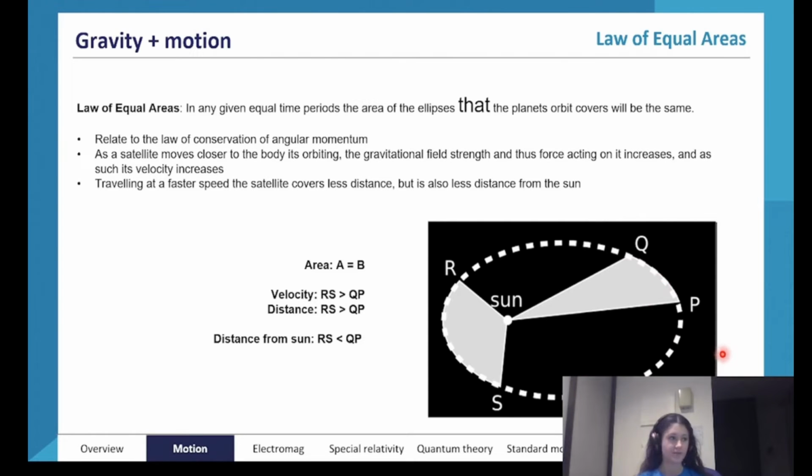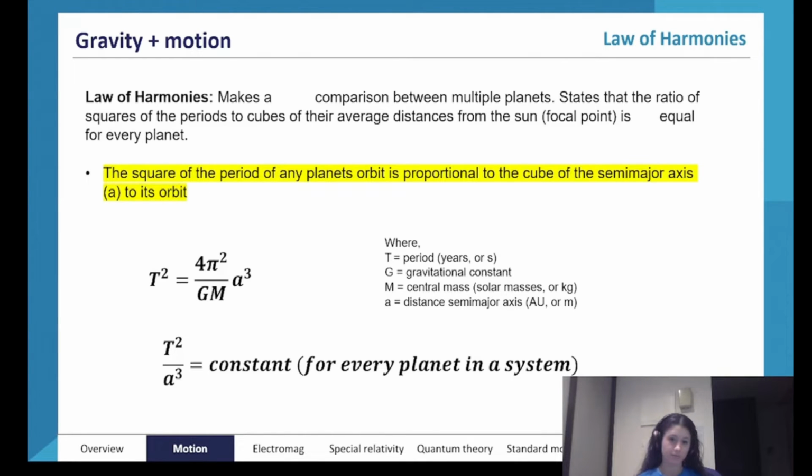Okay, and this is because as a satellite moves towards the body that it's orbiting, the gravitational field strength and thus force acting on it increase. And as such, its velocity increases because there's more force acting on it.